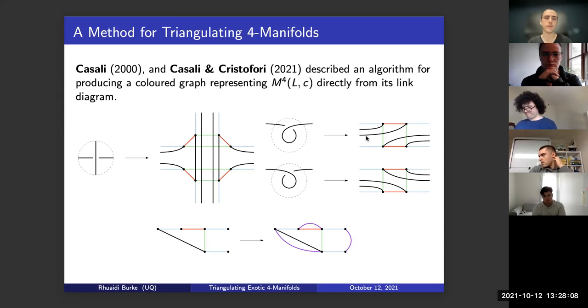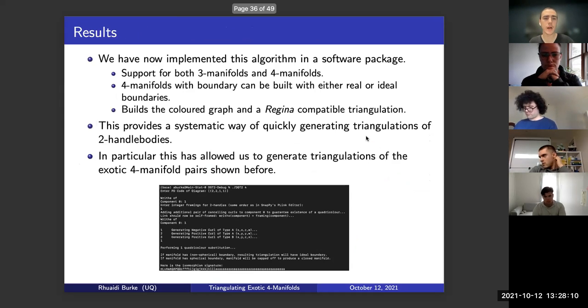But anyway, the thing is that there was no readily available actual implementation of this algorithm. It was proven to work theoretically, but you couldn't actually just go off and use it. So what I've done is I've now implemented this algorithm in a software package in C++.